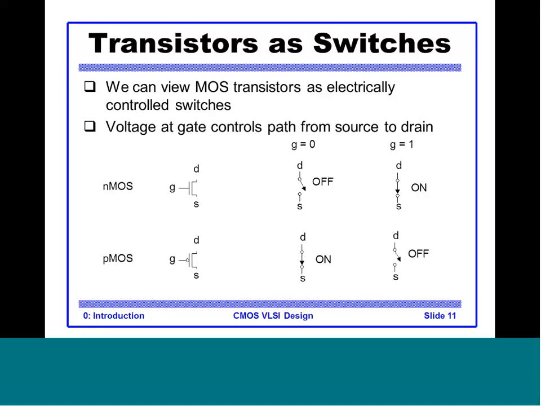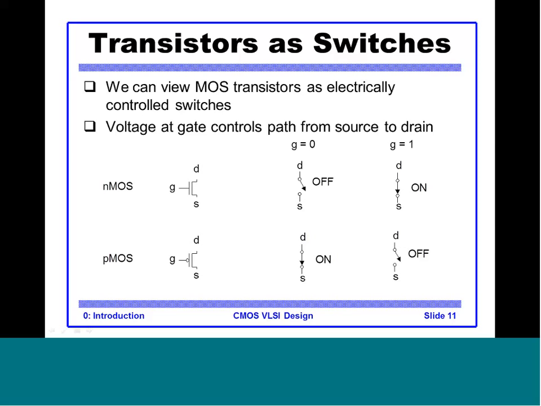Now let's look at transistors when they are behaving as switches. A MOS is nothing but a switch which is controlled by the gate voltage, since the voltage at the gate controls the path from source to drain. In NMOS, whenever G is 0, the drain to source connection is broken and the transistor is off.